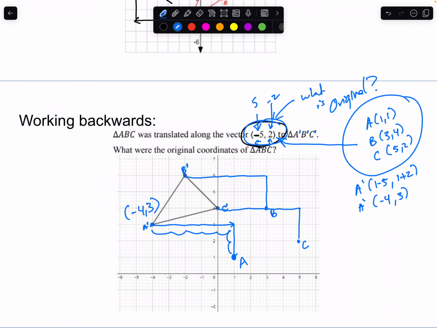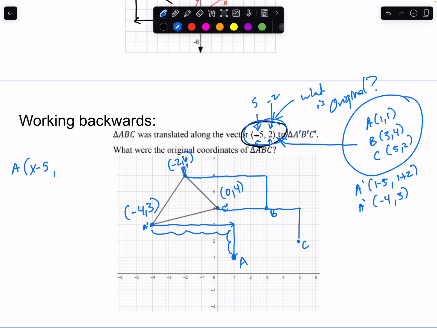Algebraically, you can set up some sort of equation. If I know the outcome is supposed to be at negative 4, 3, if I know point B prime is at negative 2, 6, and I know C is at 0, 4, I can set up an equation to find out what got us here. I can say the A value, the original one, will be x minus 5, right?